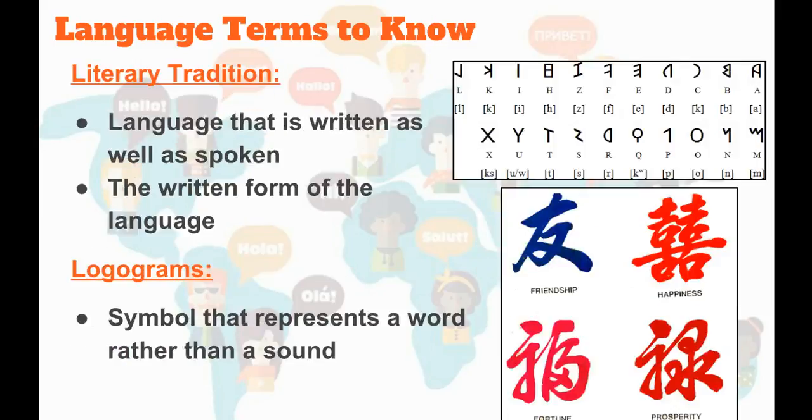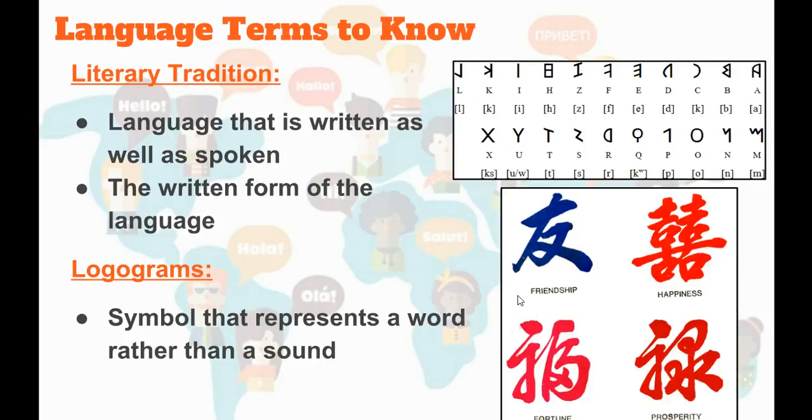Now remember, literary tradition is basically any kind of visual written down form of the language, whether it be phonic sounds or when you start talking about logograms. All right, remember logograms are just the images that represent words. So when you see the image, that image does not make a sound. That image is a memorization of a represented word.